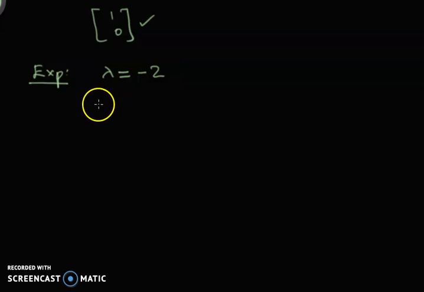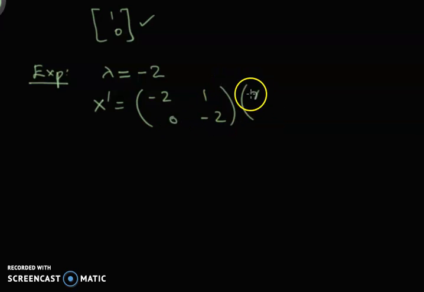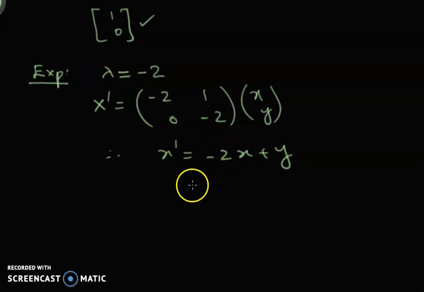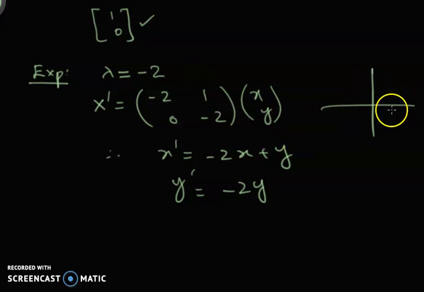Then the system is x prime equals the matrix (minus 2, 1; 0, minus 2) times (x, y). In other words, the system is x prime is minus 2x plus y, and y prime is minus 2y.